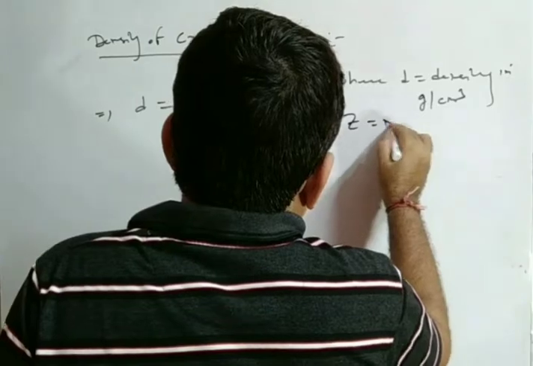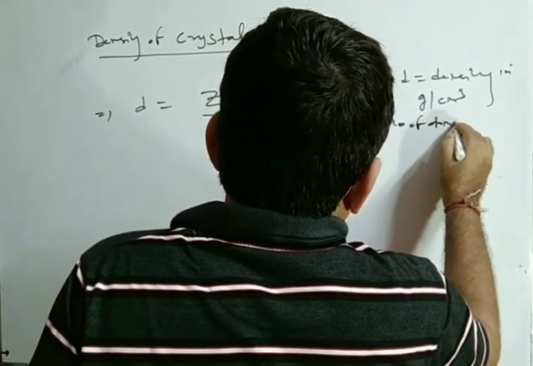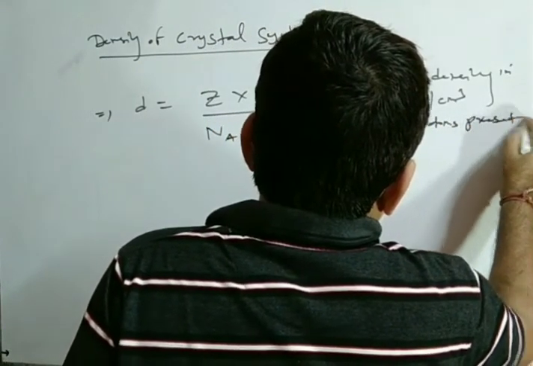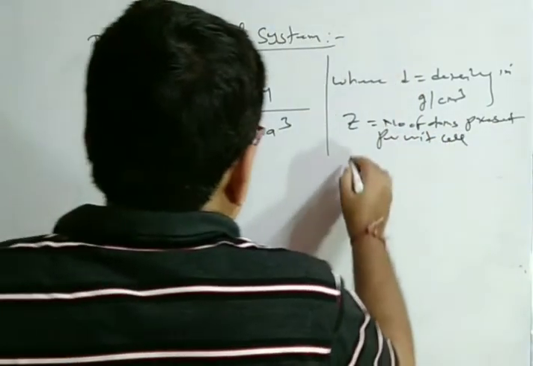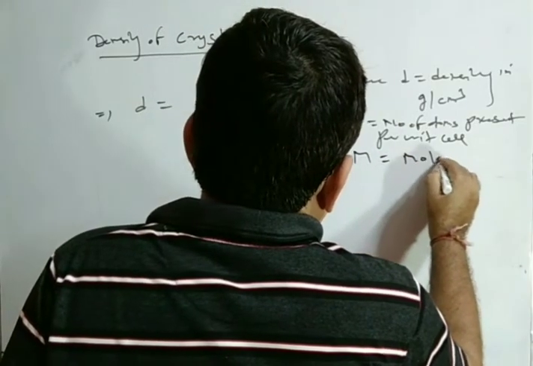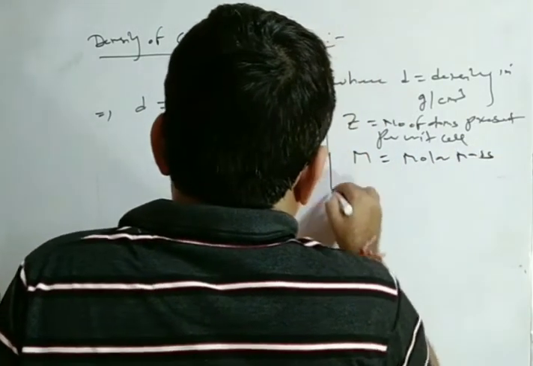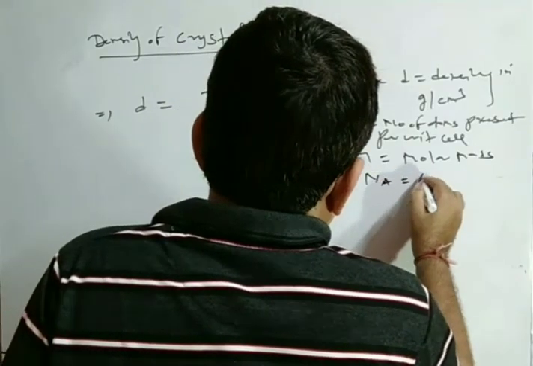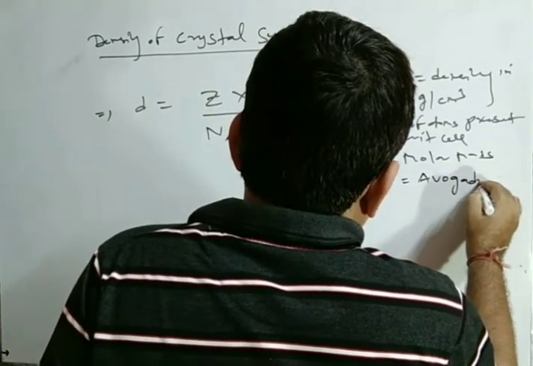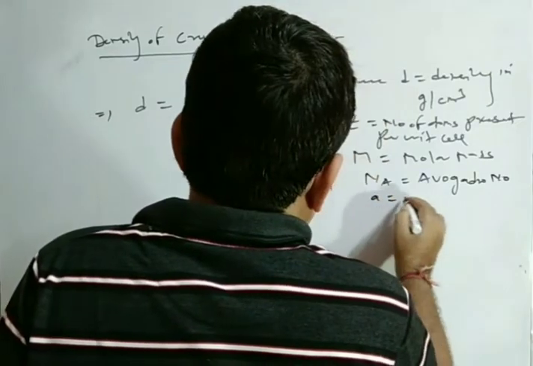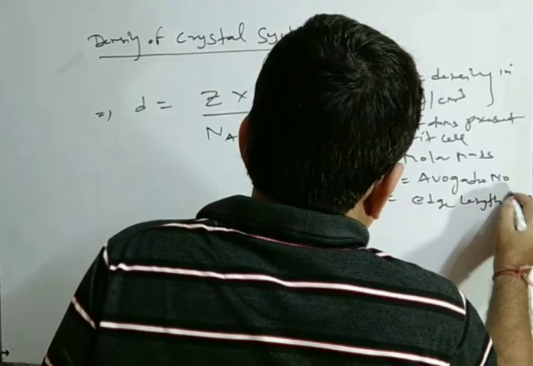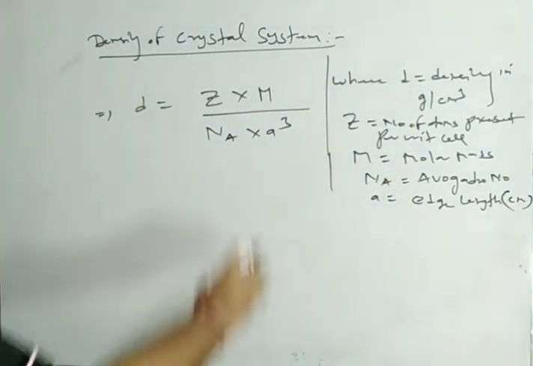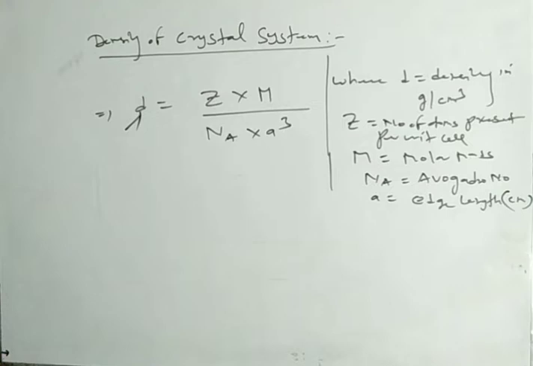Z is equal to number of atoms present per unit cell. M is equal to molar mass. Na is equal to Avogadro number. A is equal to edge length in centimeter. So if such terms are given, then we can determine density of crystal system.